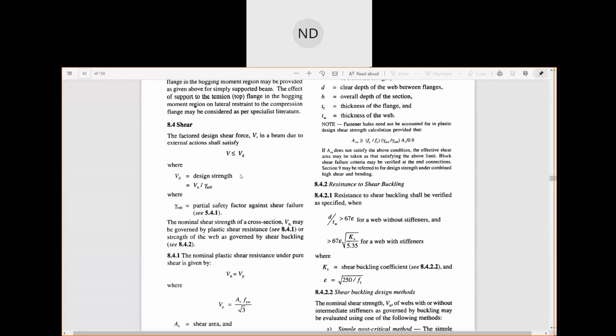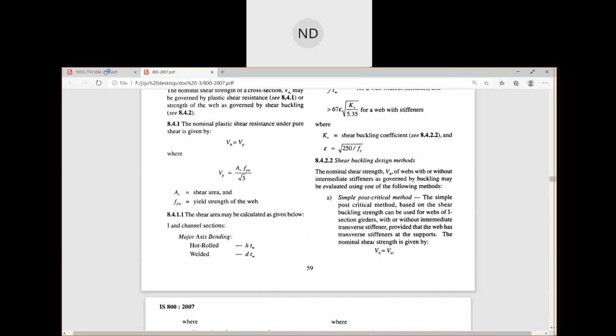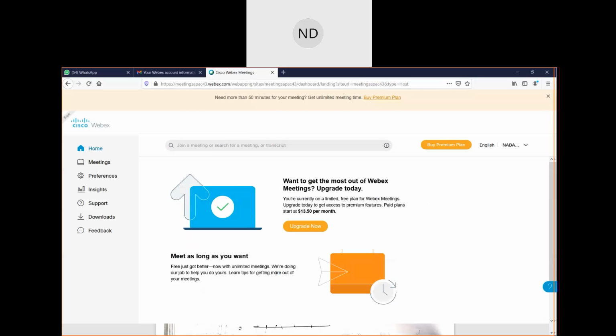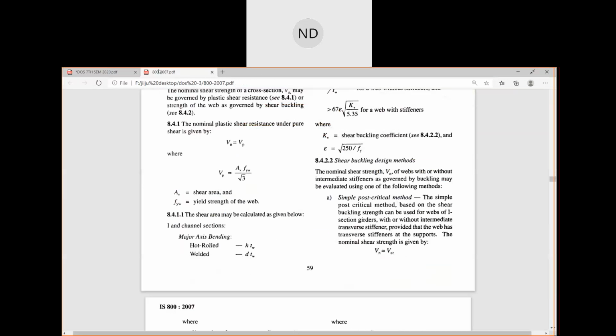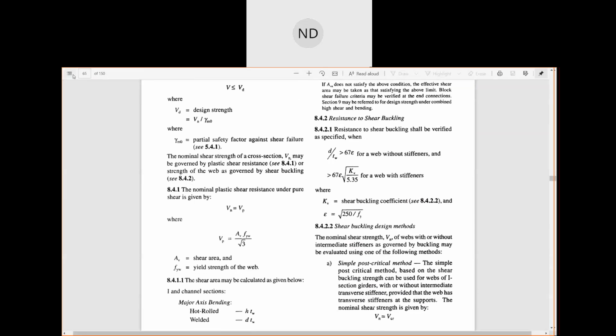V should be less than Vd. Vd is Vn by gamma mo. Vn is your Vp. But what is your Vp? Vp is Av Fy by root 3, so Av Fy by root 3 gamma mo. Okay. So, when we place these values, what do we get?